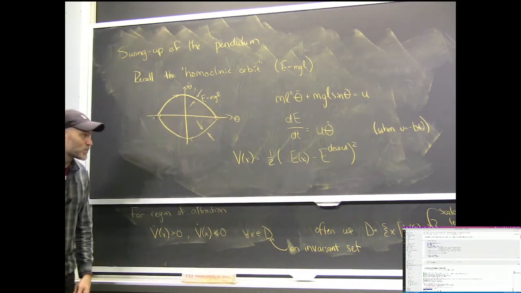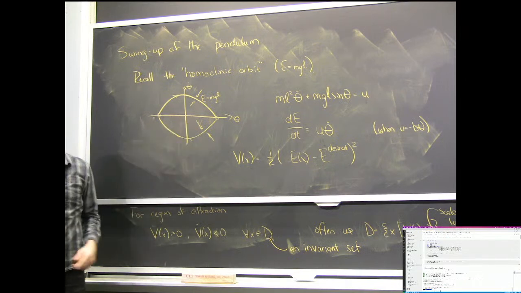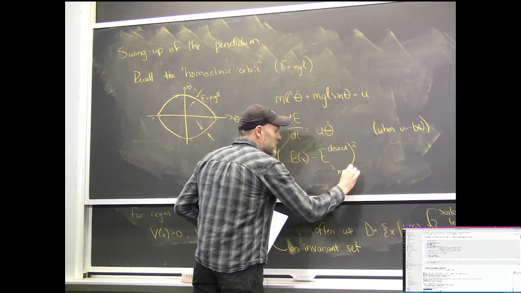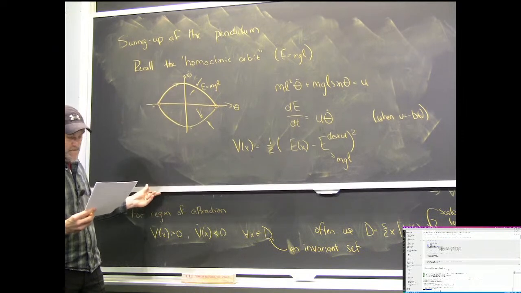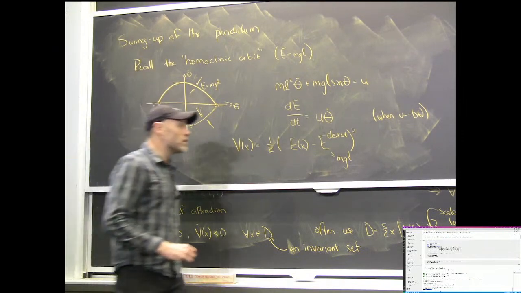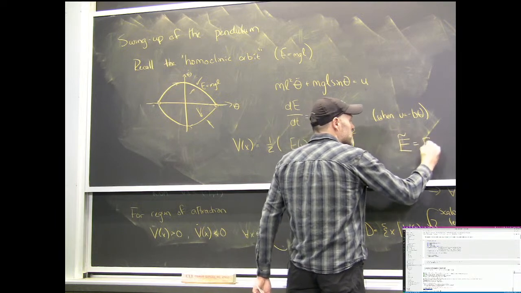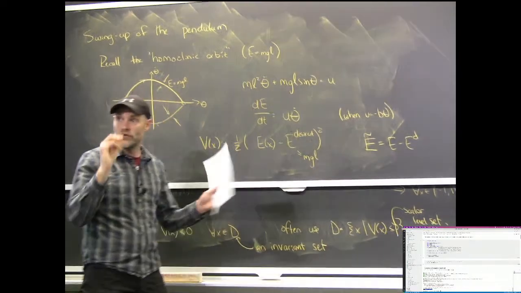I'd like to find a controller that goes downhill so that the energy goes towards the desired energy, right? And this is going to just be MGL for me. Let me call E tilde the energy minus the energy desired, just the error energy, if you will.